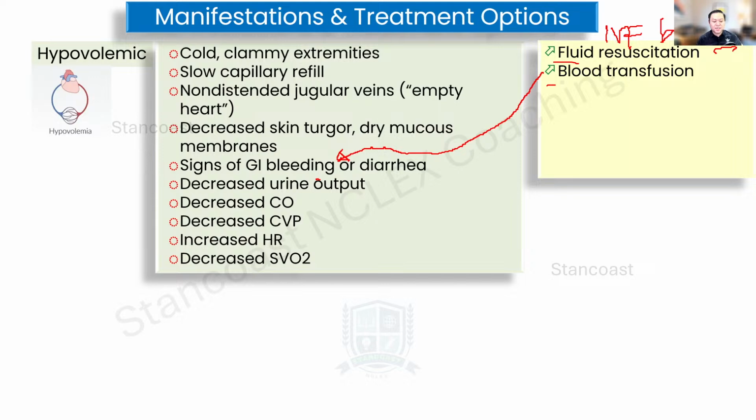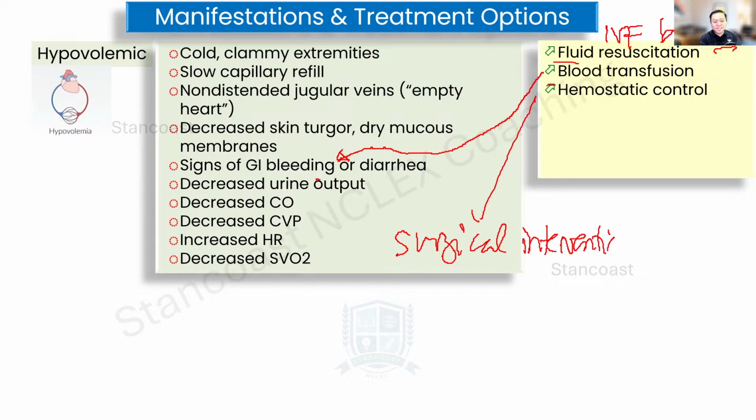What else? We're going to have to do the hemostatic control. What does that pertain? Well, if the patient is still bleeding, we're going to have to control the bleeding, possibly by sending the patient to the OR for surgical intervention.